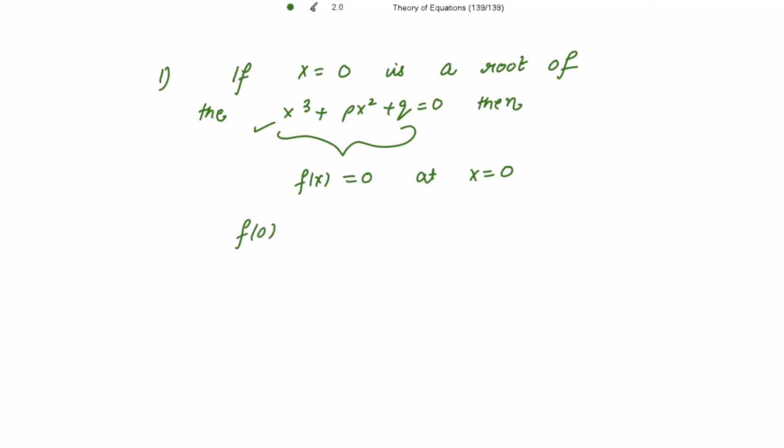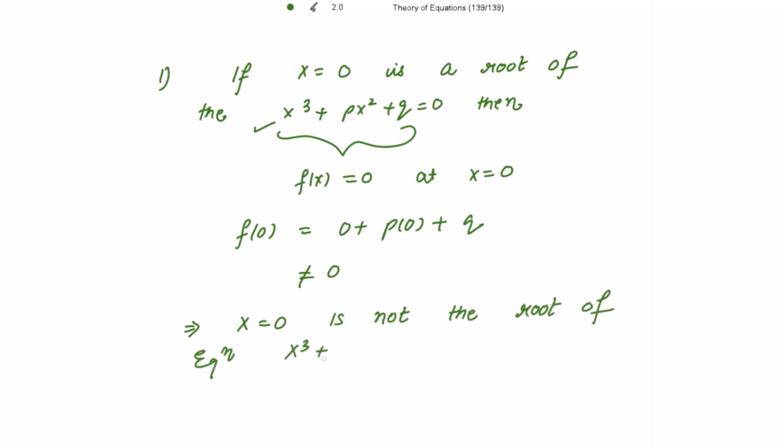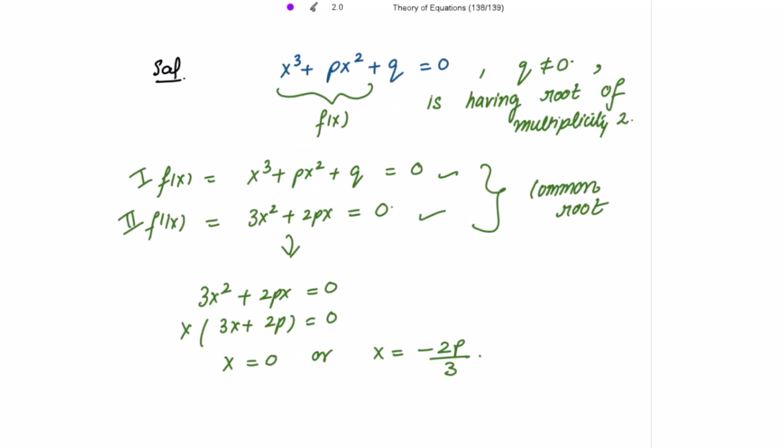So what is f of 0? It is 0 plus p into 0 plus q, that is not equal to 0. So this implies x equal to 0 is not the root of the equation x³ plus px² plus q equal to 0. So among these two roots, x equal to 0 is not the root of the first equation.